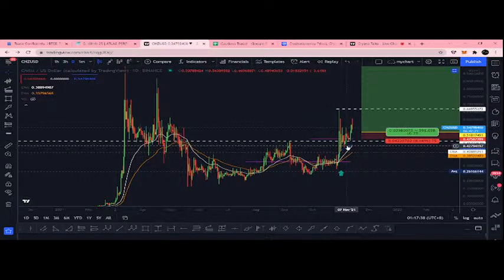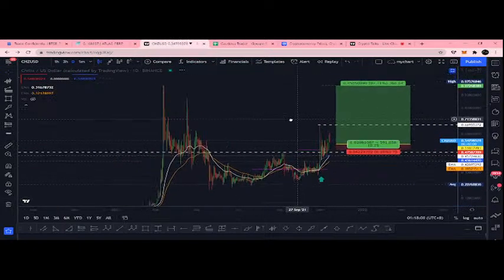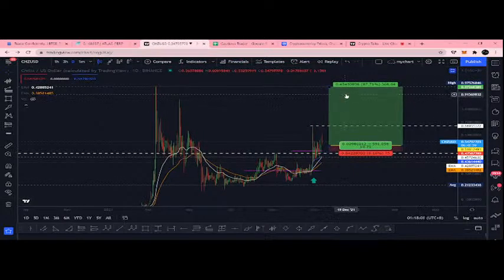It holds above VWAP, breaks out to that point of control, and might currently retest the previous high, which is the 66 cents. Actually, my TP is the 95 cents.